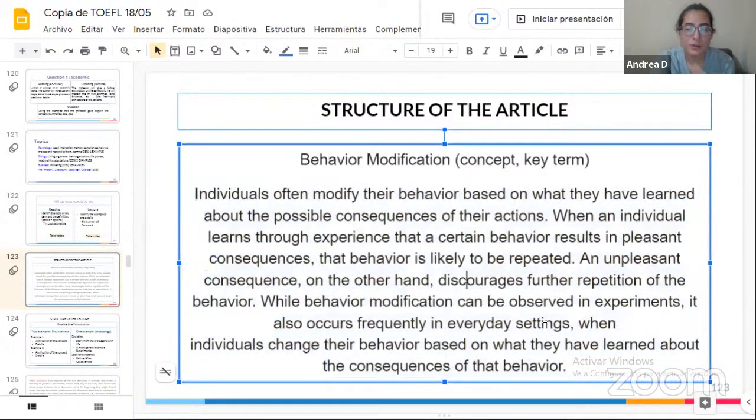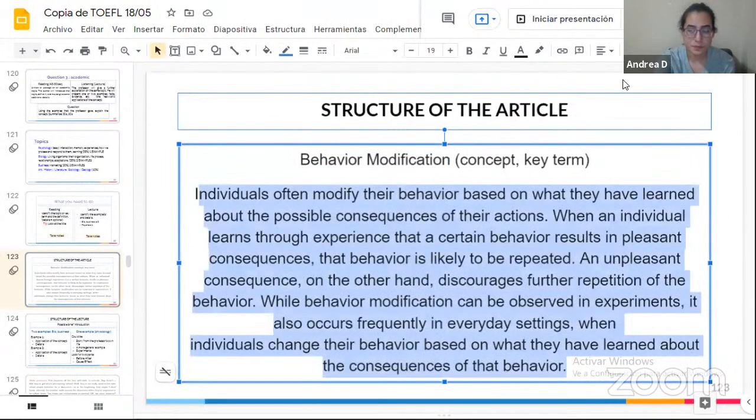There's just one thing that you need to find here, and that is the definition, okay? Out of all the words and sentences, I just want you to find 1 or 2 where you will have the definition of this concept. So basically you need to figure out what behavior modification is, okay? And it's going to be here, I promise, somewhere in there.